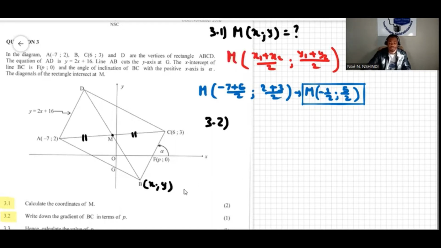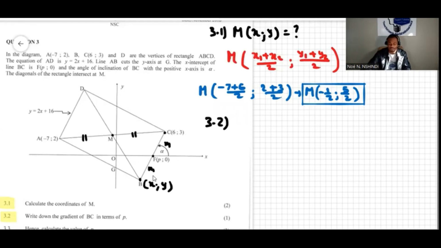Now it is important to note that gradients for straight lines are constants. Meaning the portion from the point B to the point F has the same gradient as from F to C. They're the same gradient.